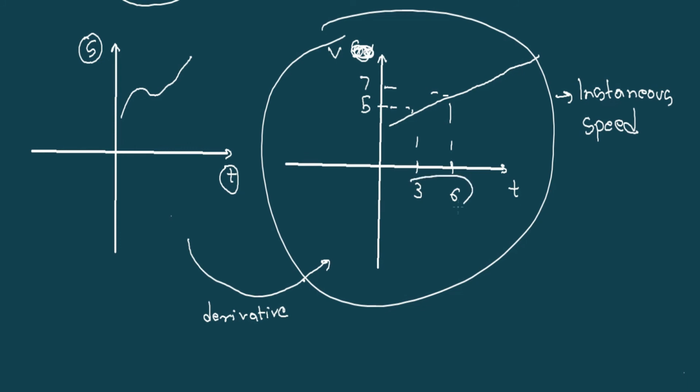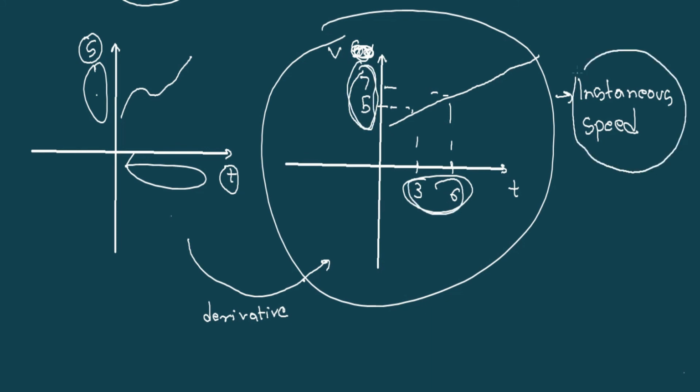Because at every single point in time, we have every single point of velocity. Yeah, in this particular case, we have distance. With time, we have distance, right? But in this case, with time, we have the speed, and hence, on calculating the derivative, we have the instantaneous speed. And so this notation is given by dy by dx.